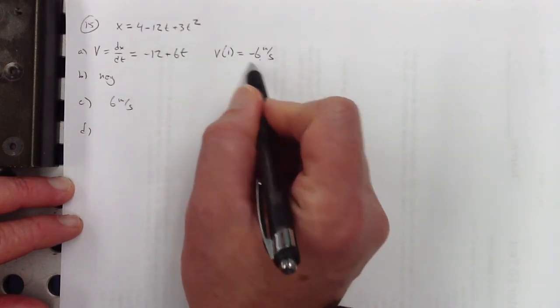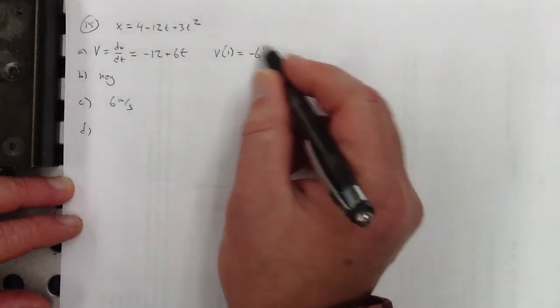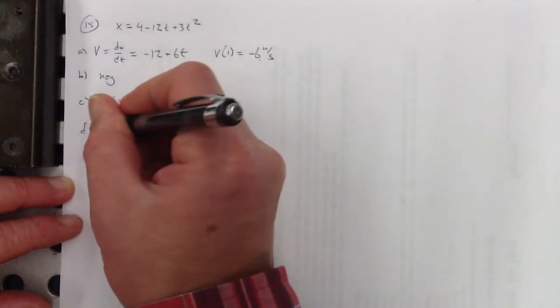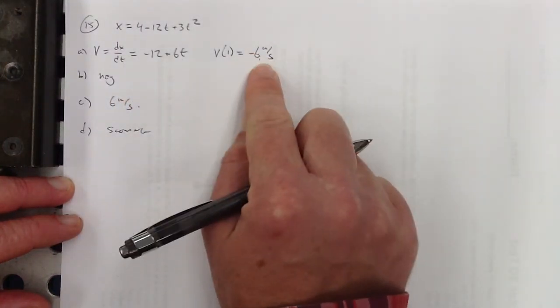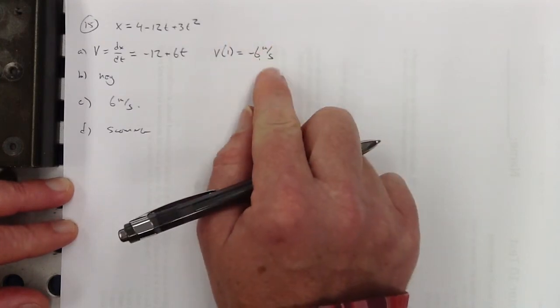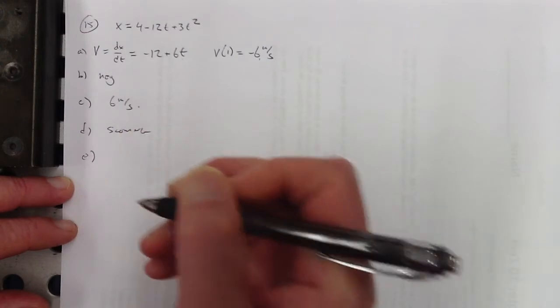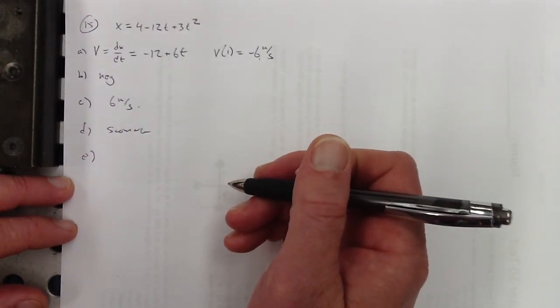So it's going from -6 to 0. But we're talking about the speed. If you're going -6, your speedometer says 6, and then if you go down to 0, you're slowing down. You're going from having a speed of 6, even though it's negative, to slowing down to 0. All right.